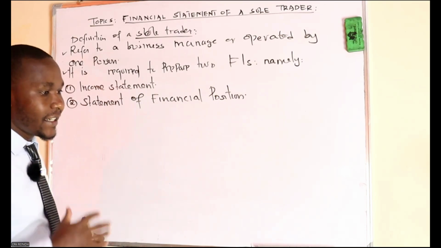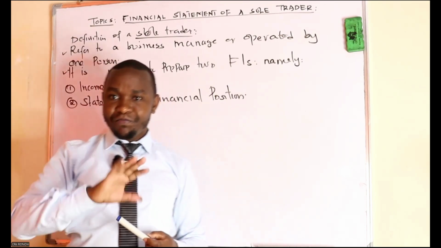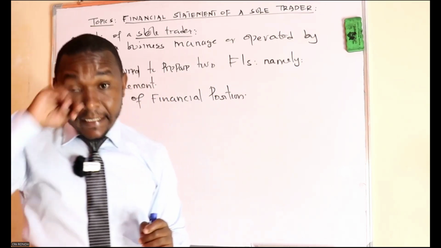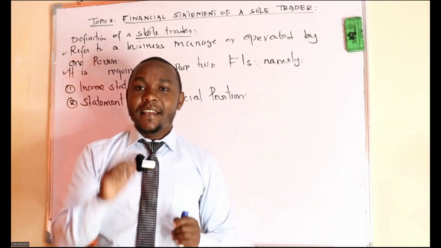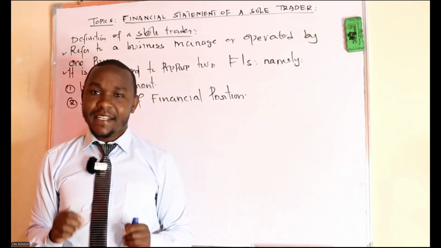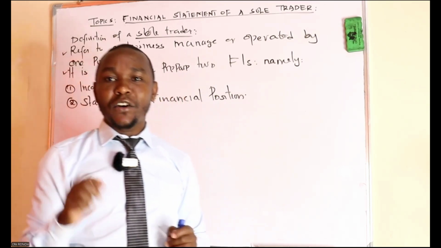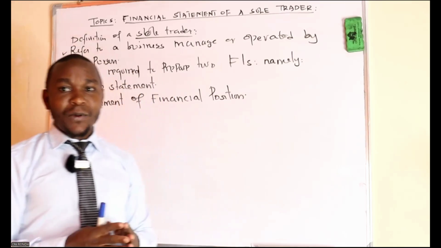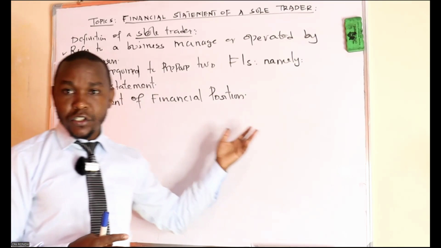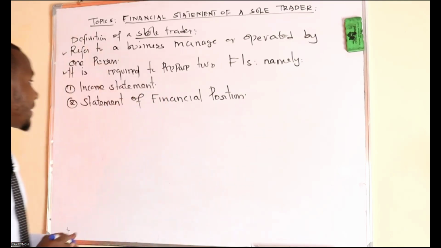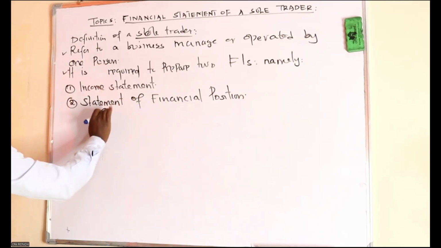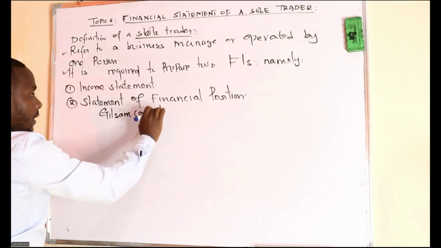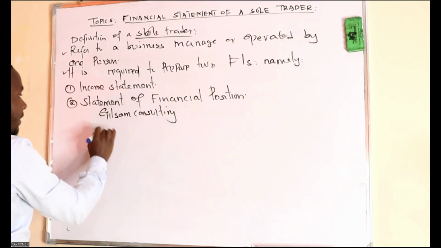I saw some names in the social media that tell accounting students that there is no company called XYZ Limited and there is no company called ABC Limited. And that one has discouraged me a lot. So let's use our company, Gilsam Consulting or Gilsam CPA Center.